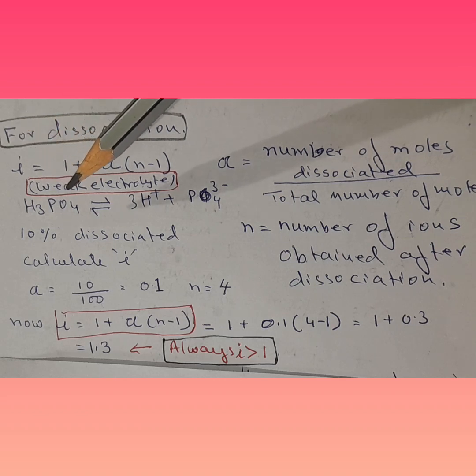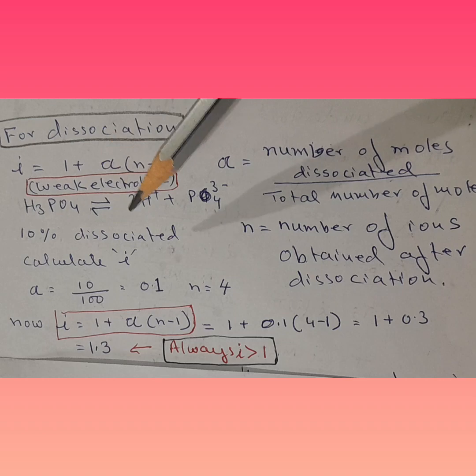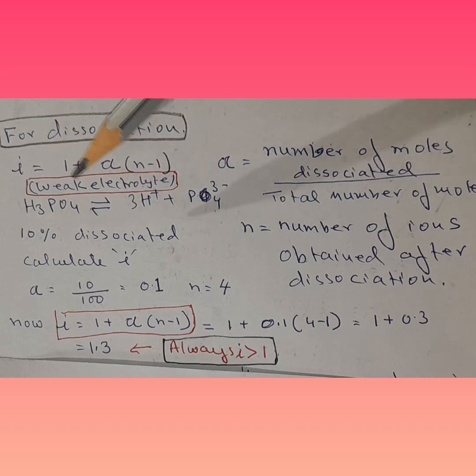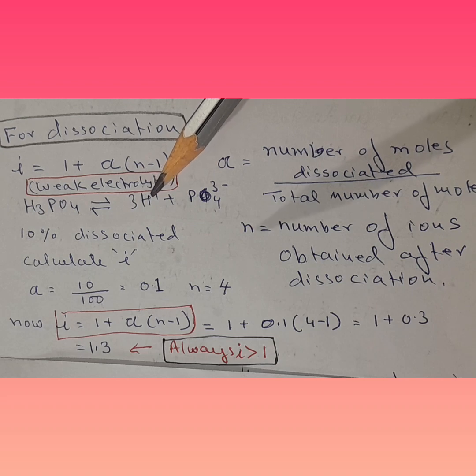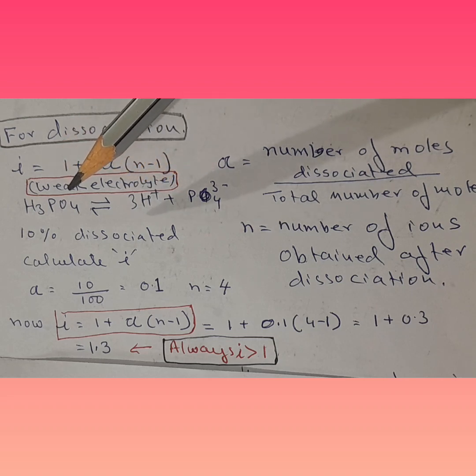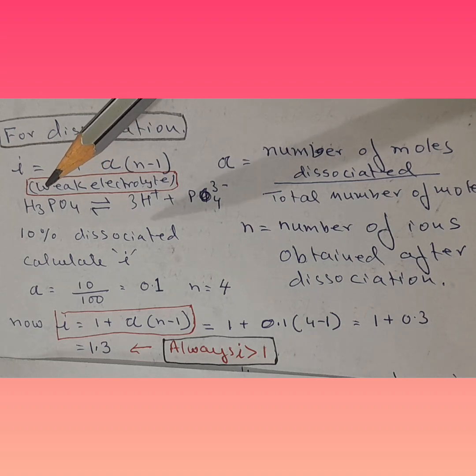Now, if we are talking in terms of weak electrolytes, it could be a weak acid or a weak base. First of all, electrolytes are those where the molecules dissociate into anion and cation whenever put in water. In case of weak electrolytes, let's know some weak acids.